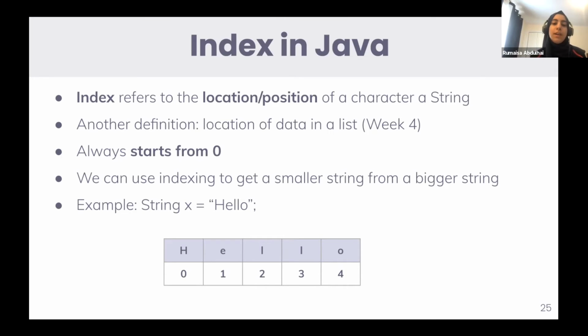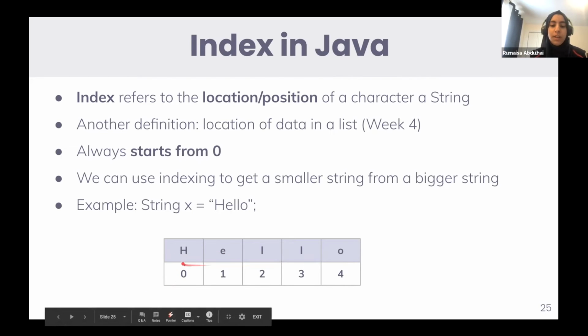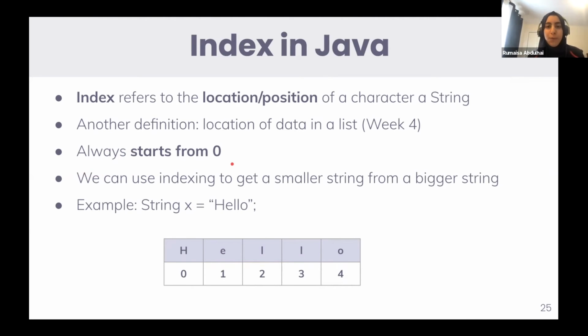But in strings, it's referring to the position of a character. So if you have the string hello, these are the indexes for each character. For H, it has the index 0. For the character E, it has index 1, 2, 3, and 4. And we always start from 0. So in math, you count 1, 2, 3, 4. In Java, you do 0, 1, 2, 3.